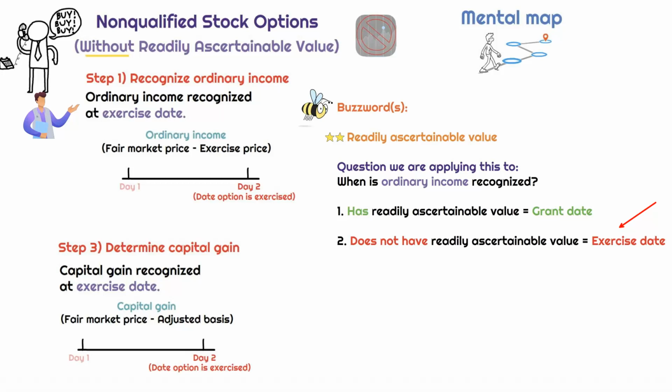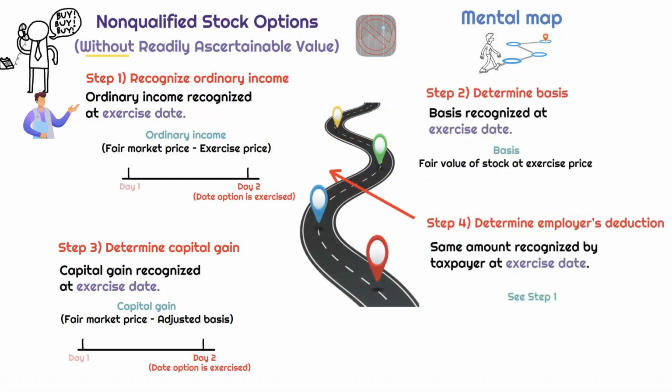So in this situation, if they ask you a question about the amount that is recognized as of the grant date, the answer would always be 0. Okay, so remember, day 1 is the grant date, day 2 is the exercise date. In order for options to be exercised, they must first be granted to the recipient.